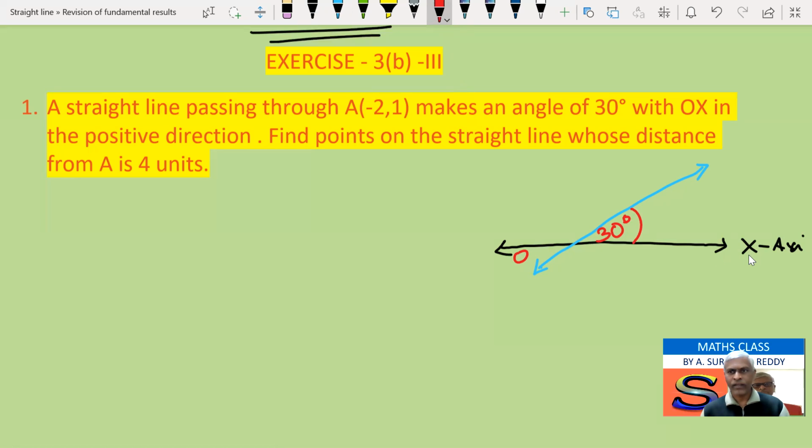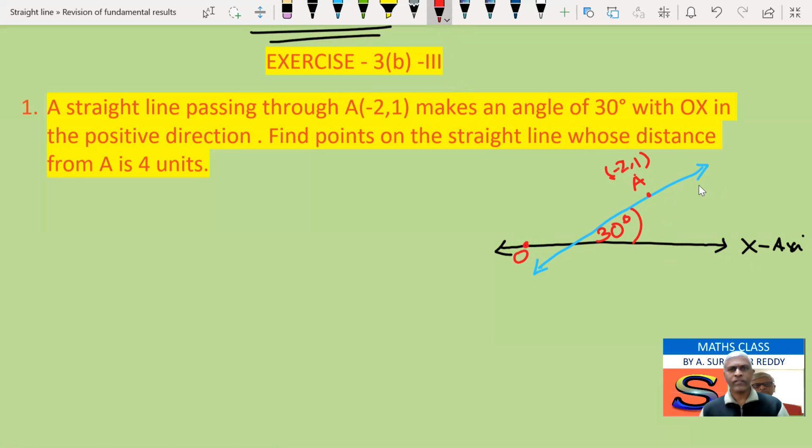This is OX. And there is a point A on this line. Let us suppose a point A minus 2, 1 on this line.